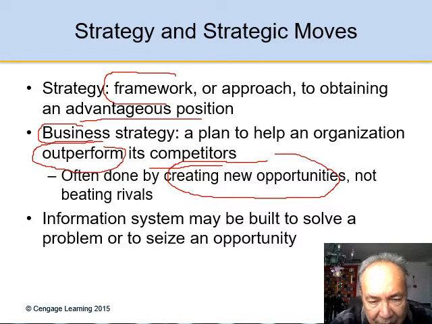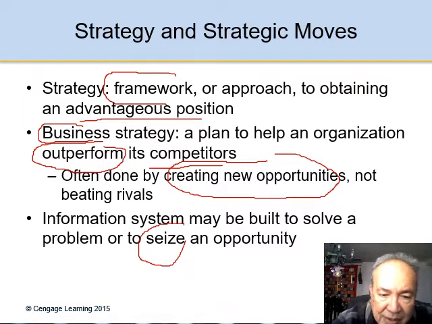Now, information systems may be built to solve a problem or seize an opportunity, or get the opportunity. Because what is an information system? What does it produce? It produces information so that we can make a decision, like what we talked about last week.